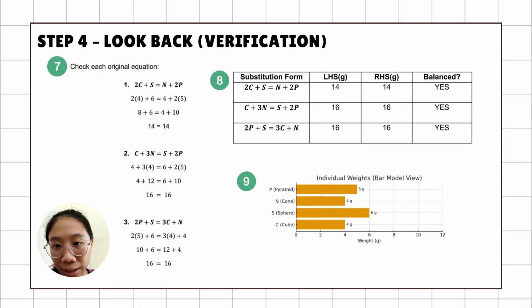For equation 1, we get that the left hand side is equal to the right hand side, which is 14. For the second equation, both sides are equal to 16, and the third equation also has both sides equal to 16. For the eighth step, we compare the left hand side and right hand side of equations 1 through 3. Is it balanced? Yes, the 3 equations are balanced.